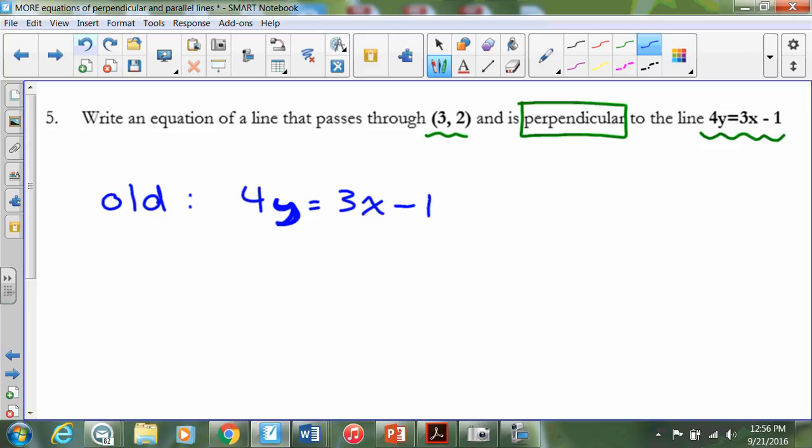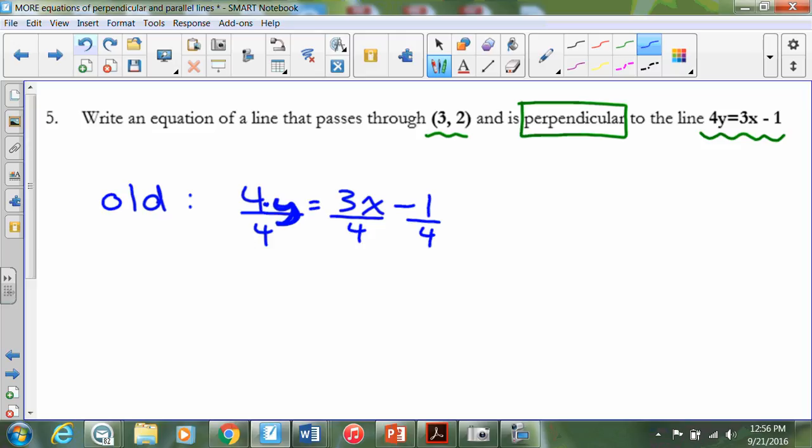And we remember from last year in middle school when we solved equations, the 4 and the y, there's really a multiplication sign that you don't see between them. So we're going to do the opposite to get rid of the 4. We're going to go ahead and divide by 4. And if we do that, we've got to divide every term by 4.